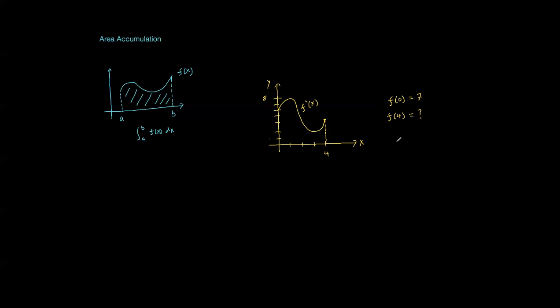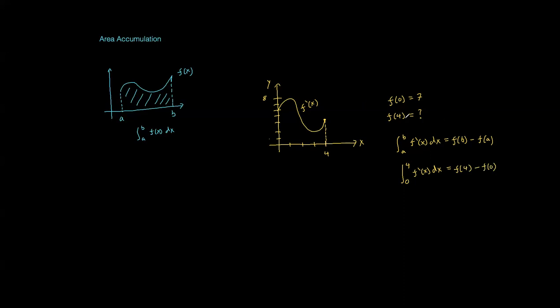Well, if you know the fundamental theorem of calculus, then you would understand that the integral from a to b of f prime of x dx actually equals f of b minus f of a. So in our particular case, the integral from 0 to 4 of f prime of x dx just equals f of 4 minus f of 0.